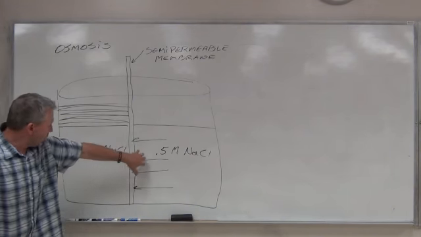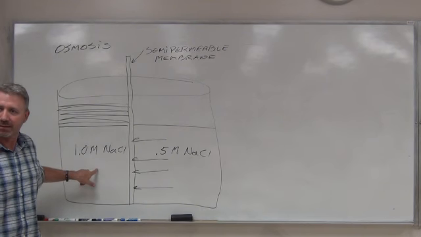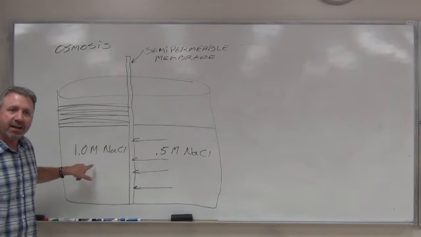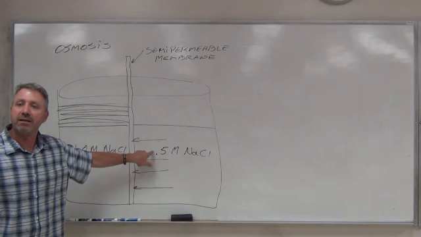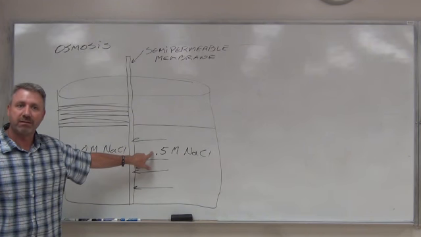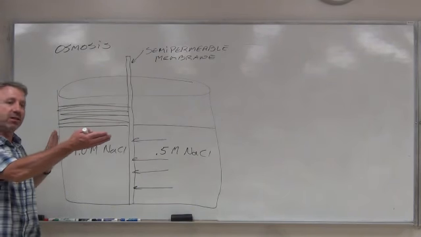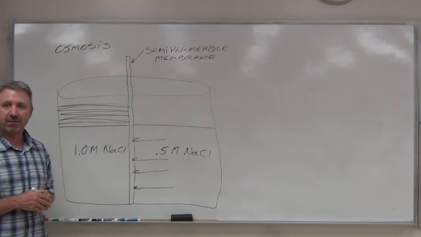And as water comes across here, it actually dilutes this. Right? As water flows across, it dilutes this concentration and concentrates this solution. And this will happen until you have equal concentrations on both sides. Right?